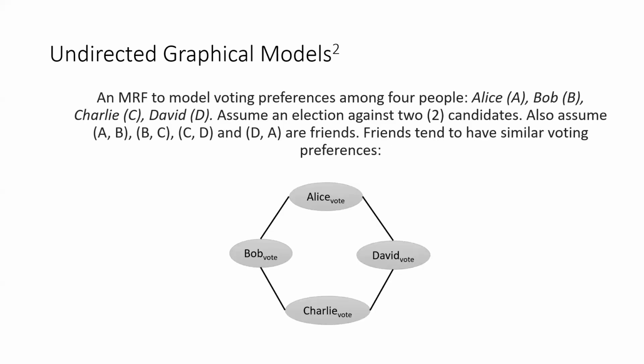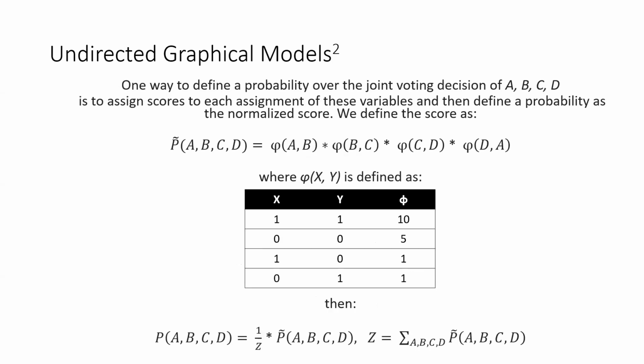So then, in order to define our probability distribution, we need to define a potential function for each of these cliques. So I need to define a potential function between Alice and Bob, Alice and David, David and Charlie, and Bob and Charlie.